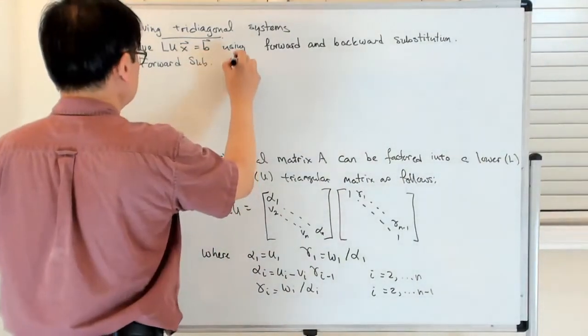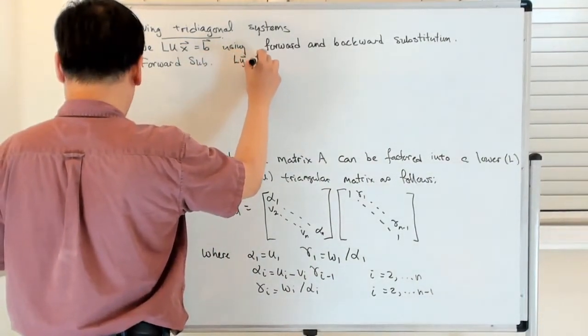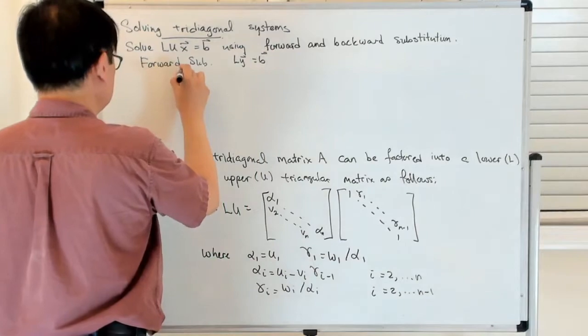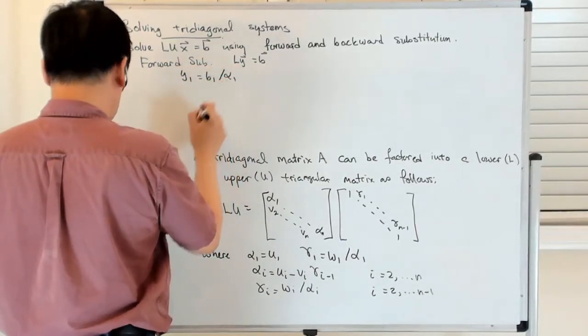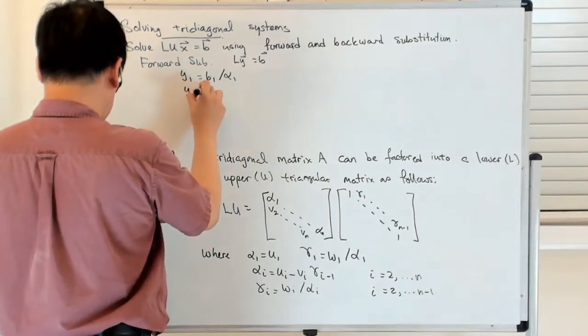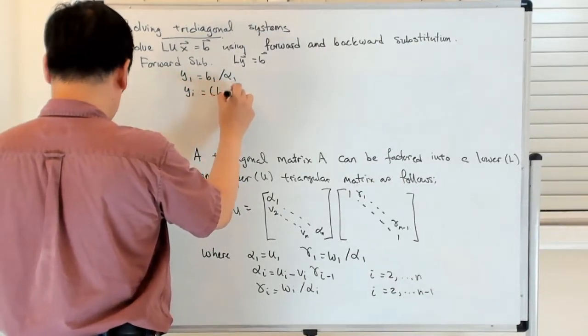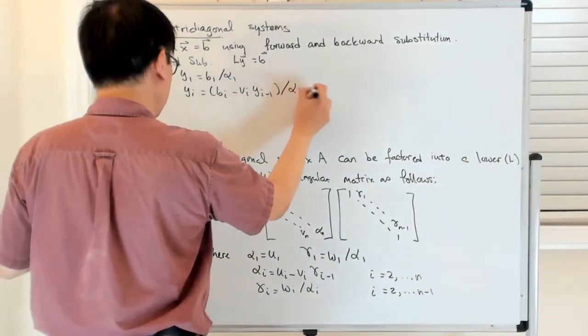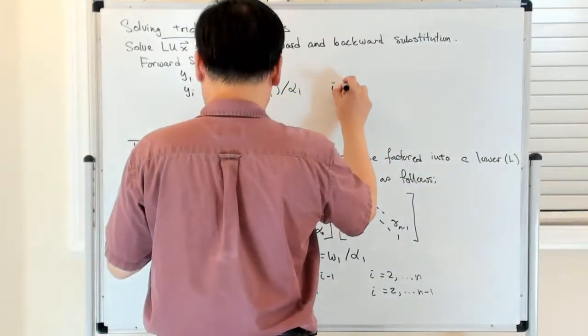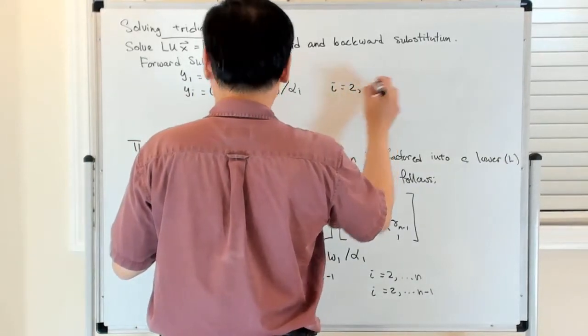So this is Ly is equal to b, right? y1 is equal to b1 divided by alpha 1, and then yi is equal to bi minus vi y(i-1) divided by alpha i. And this is for i equals 2 to n, right?